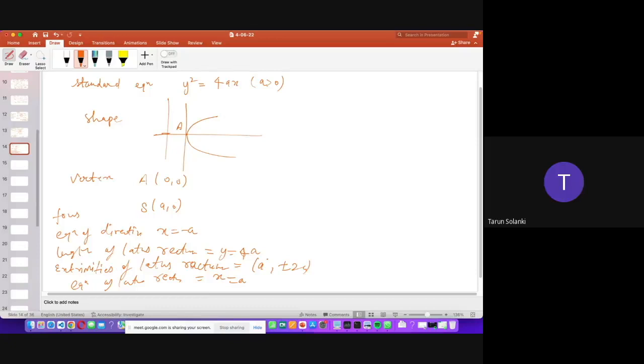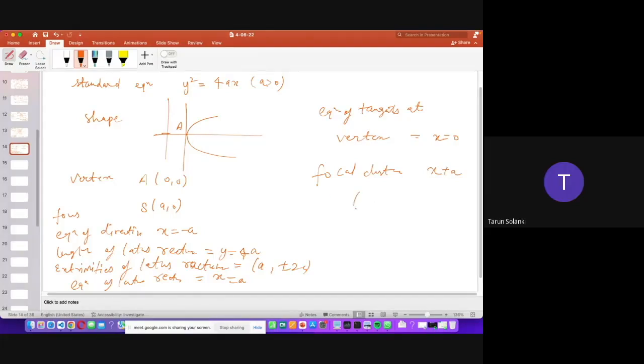Then we'll check the equation of tangent at vertex, so that is x is equal to 0. Focal distance is x plus a.